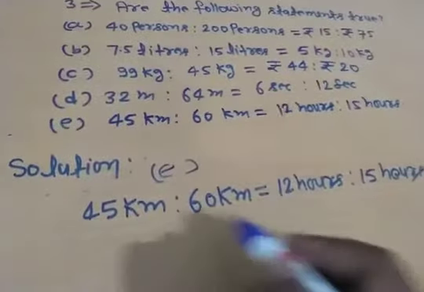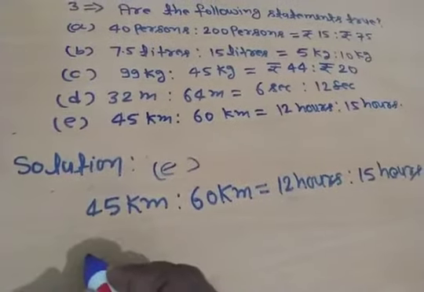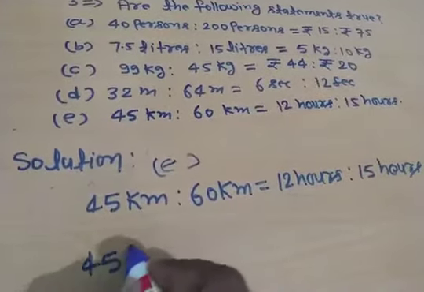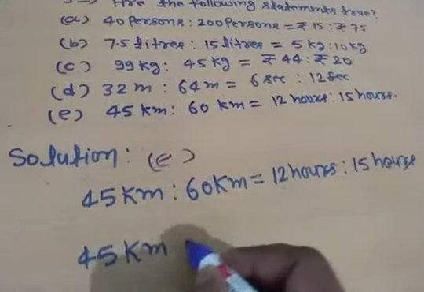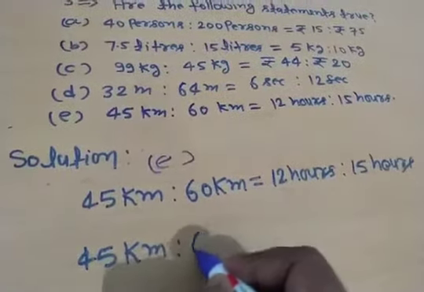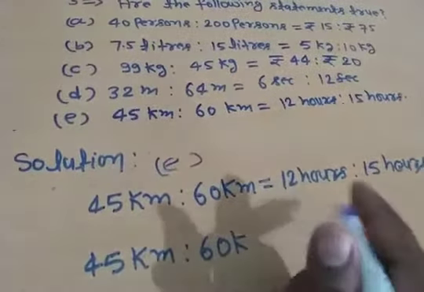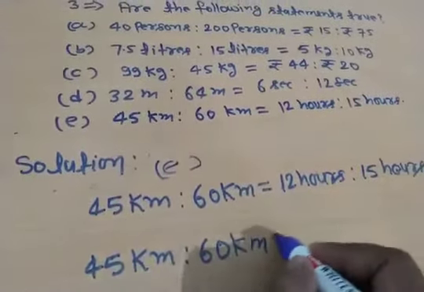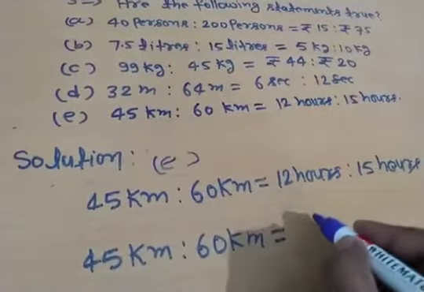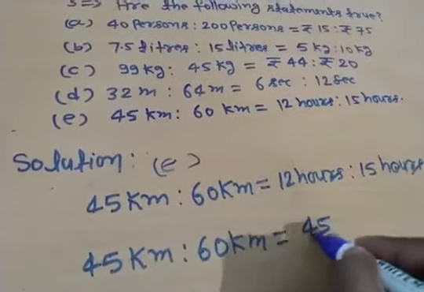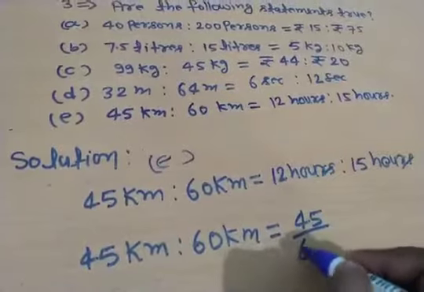So first we take the left hand side, 45 kilometer ratio 60 kilometer. This is equal to 45 by 60.